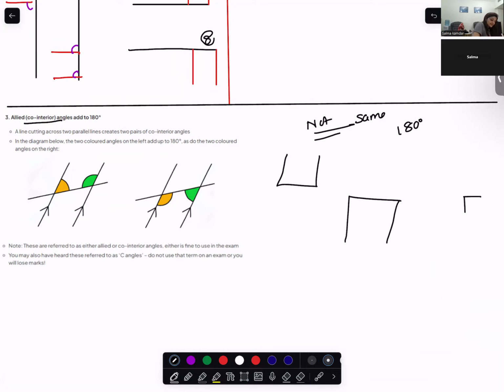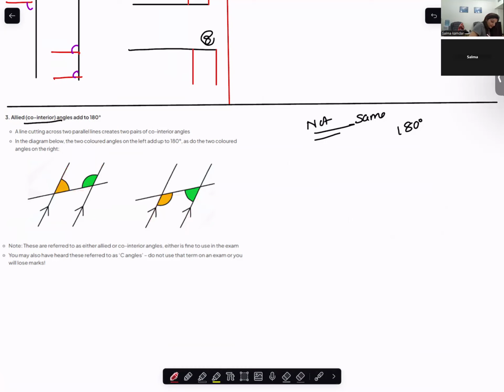So co-interior angles are angles that meet up to become a C. These are two colored angles that we have shown you over here. But you should understand that the addition of co-interior angles becomes 180 degrees.